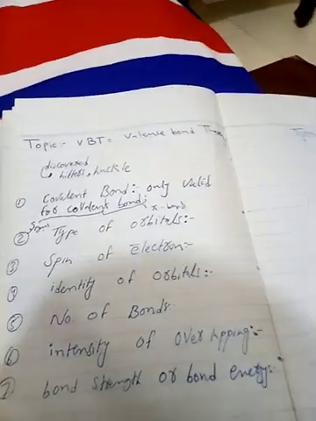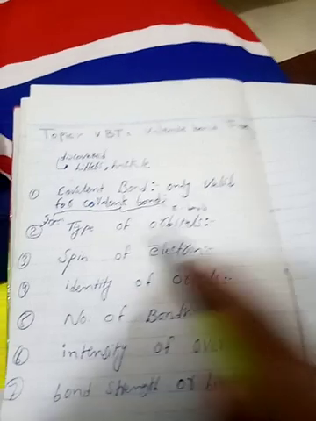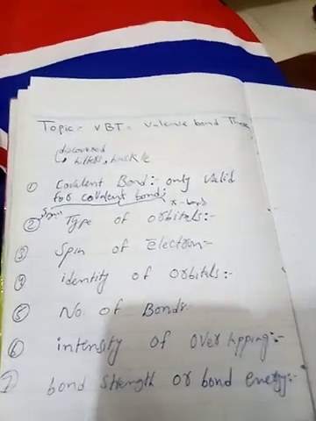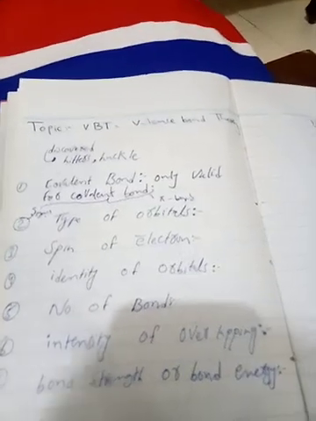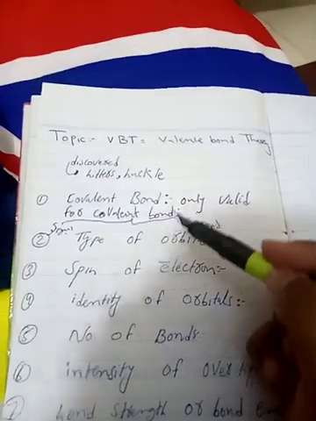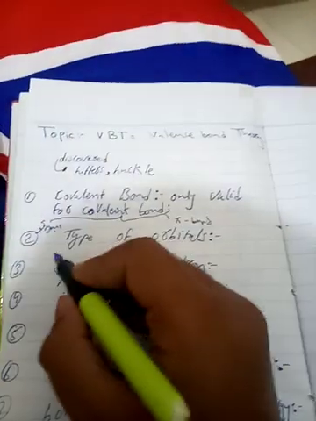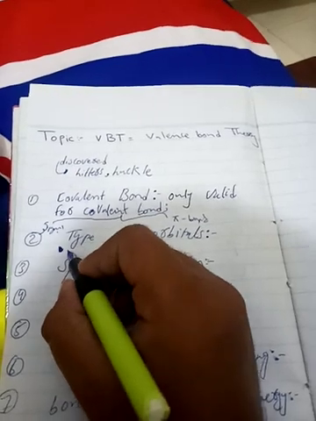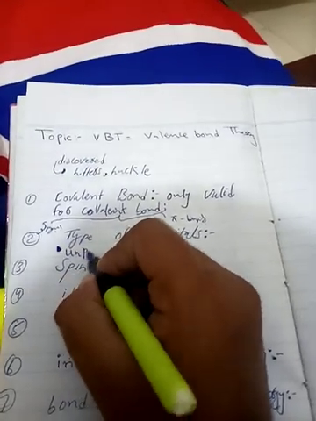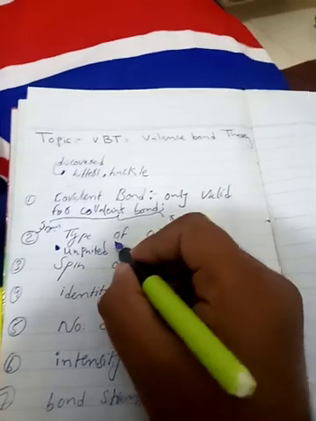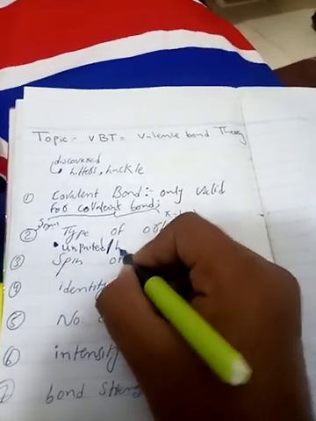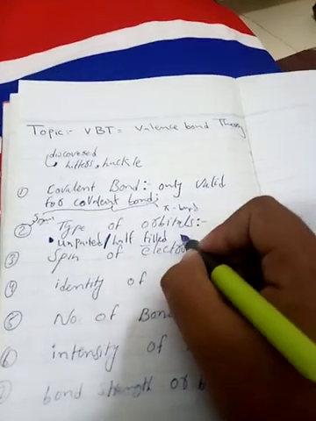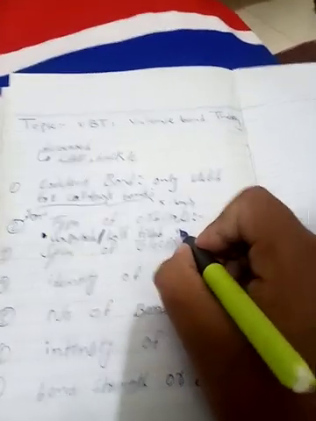There are certain types of orbitals in which the bonding takes place. Covalent bonding takes place in unpaired electrons, or you may say half-filled atomic orbitals.